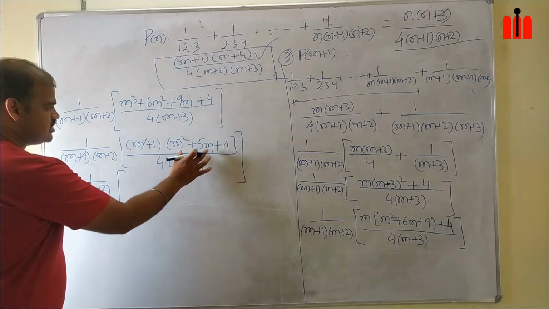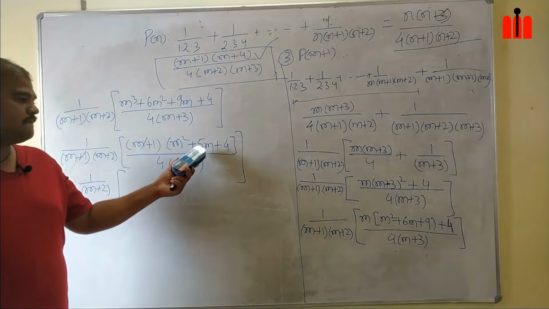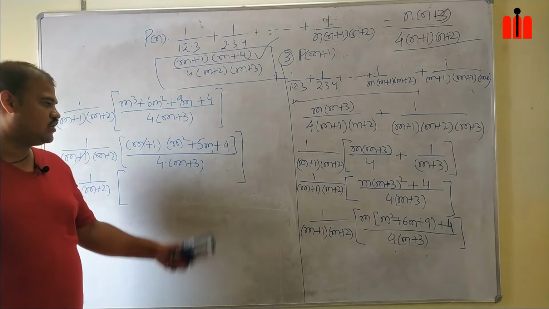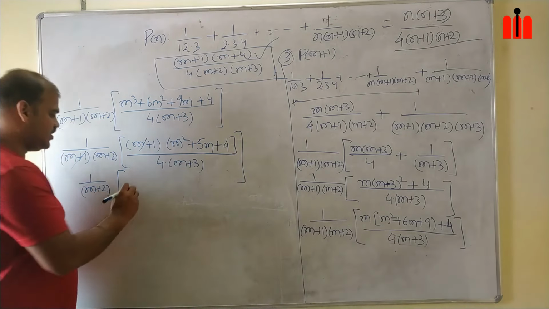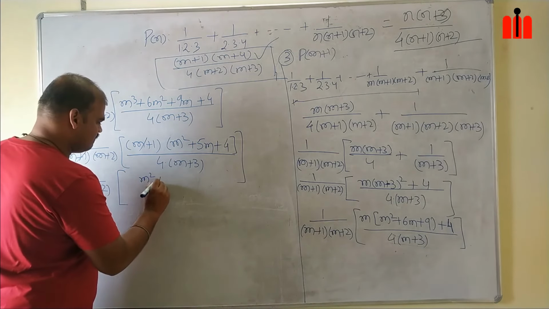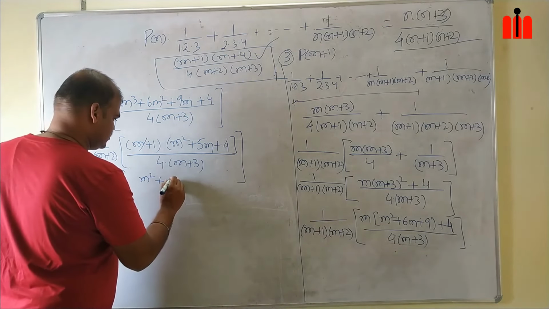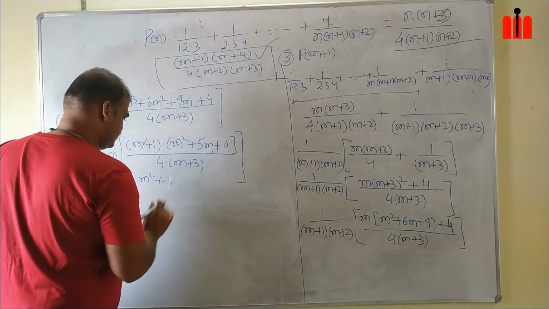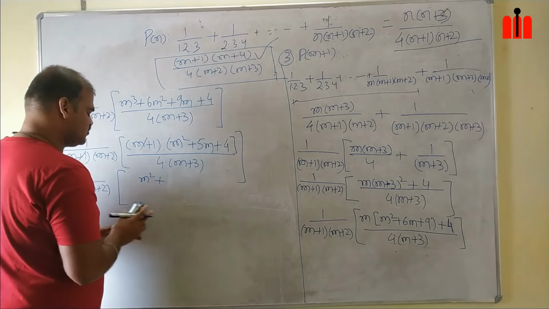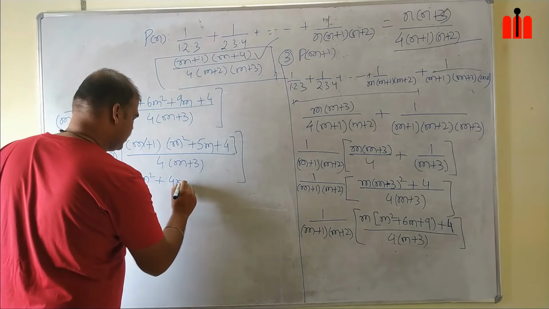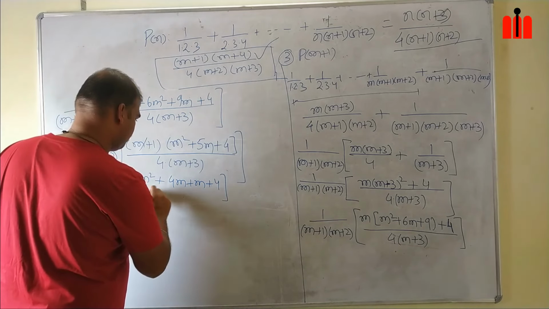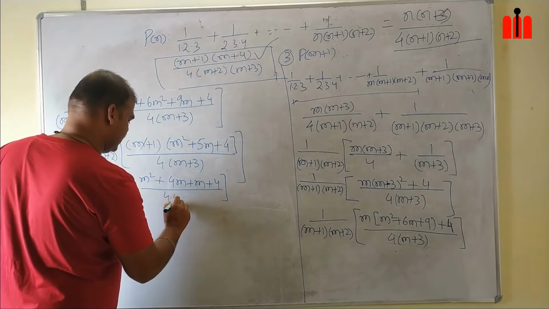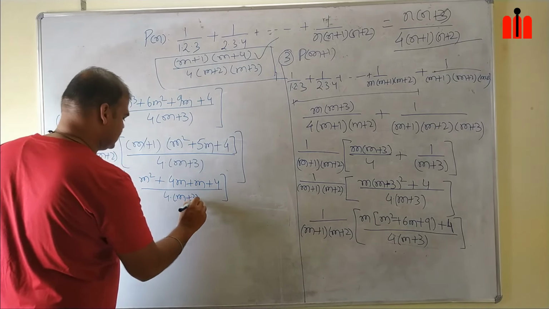Now this one I will solve by splitting the middle term. To understand splitting the middle term, again go through my operation classes. So it will be m square plus 4m plus m plus 4 by 4 into m plus 3.